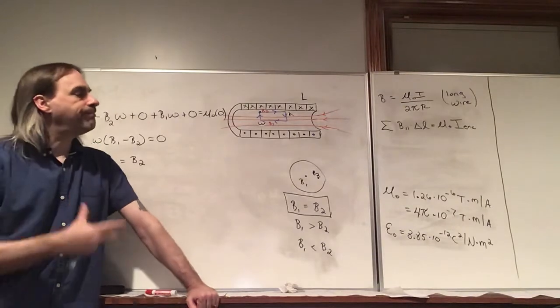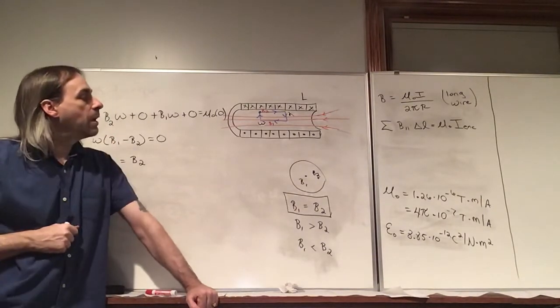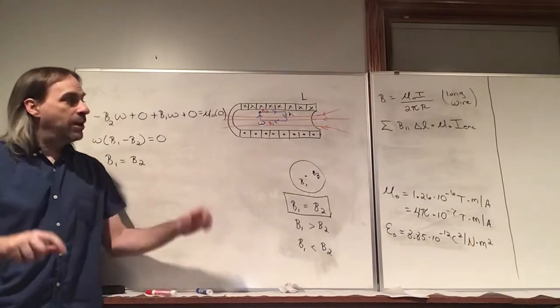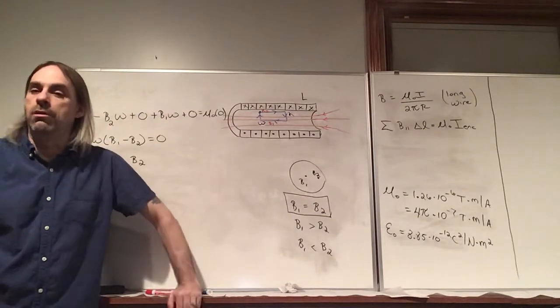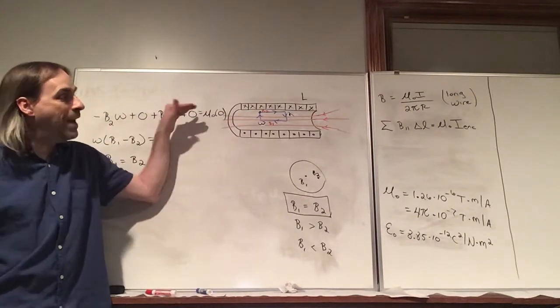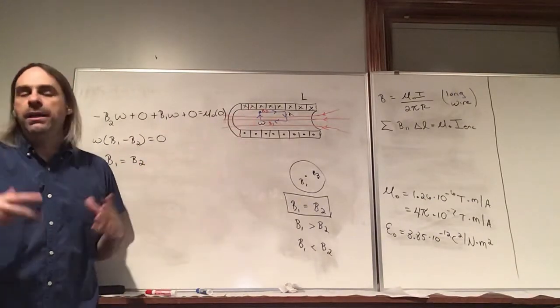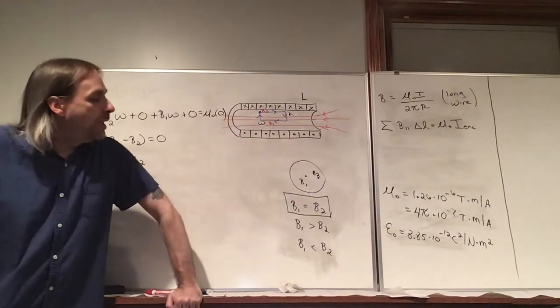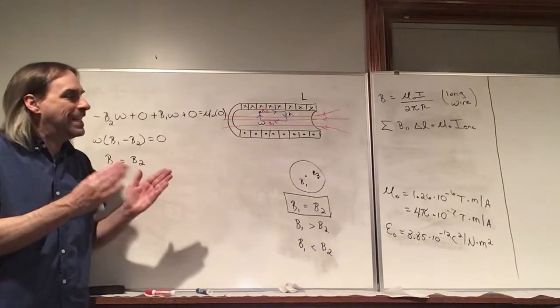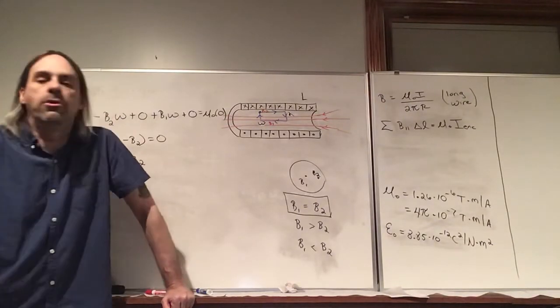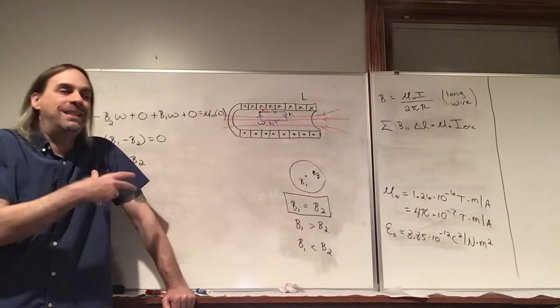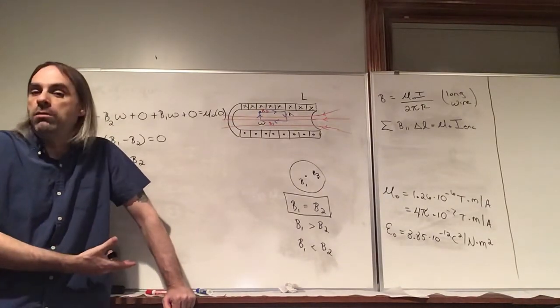However, if we had an infinitely long solenoid, then the magnetic field outside would be 0. You'd have a constant magnetic field inside, nothing outside. A real solenoid has a finite length, so we can't really say it's 0, but it is very small.